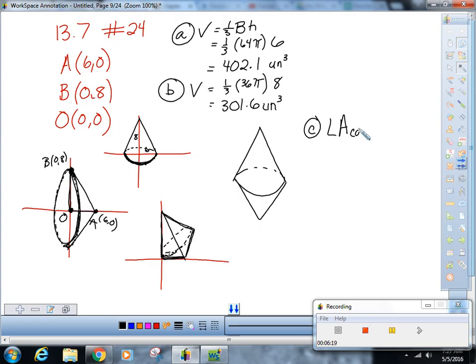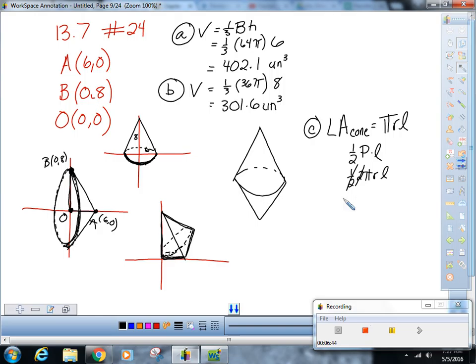Does anyone remember the lateral area for a cone? It's pi r L. If you didn't remember that, maybe you could think of it as 1/2 times the perimeter times the slant height. What's the perimeter of a circle? 1/2 times 2 pi r times L, and those cancel.